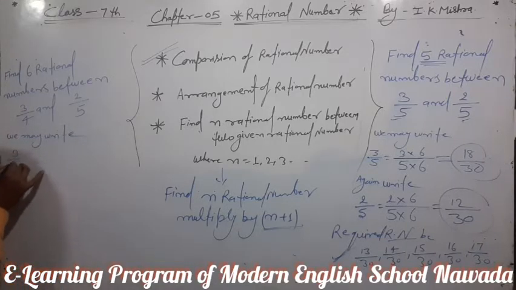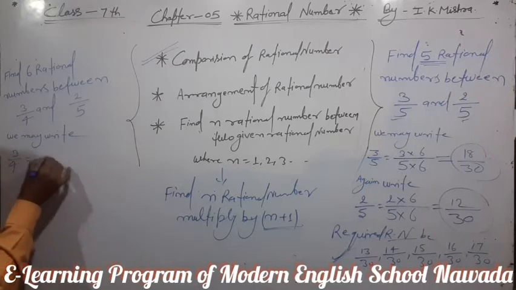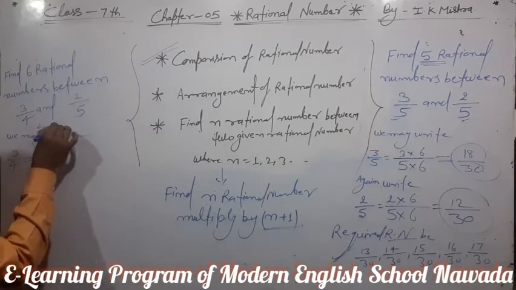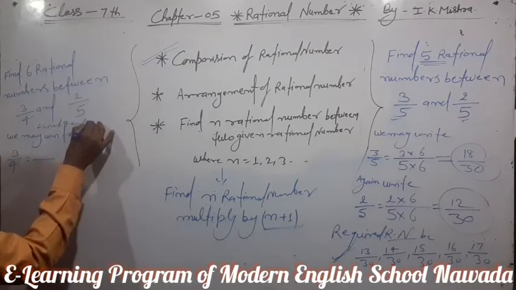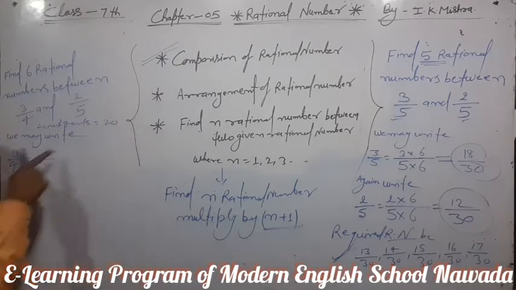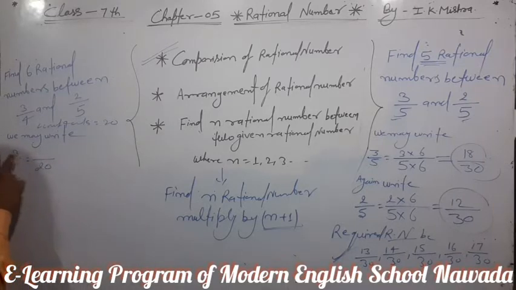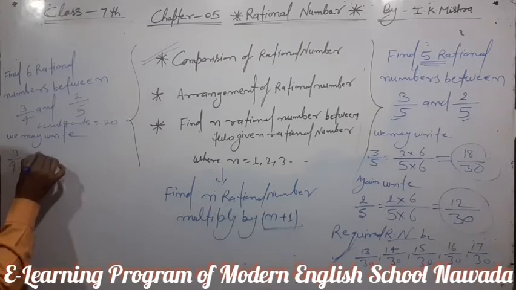3 by 4 is equal to, first write the LCM of 4 and 5 is equal to 20. So first of all make the denominator 20. When the denominator is 20, you multiply the numerator by 5, then it will be 15.